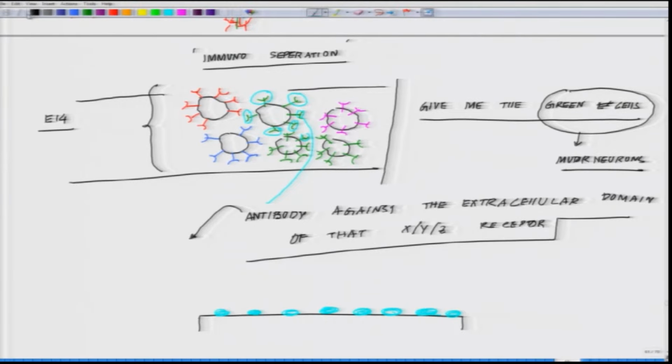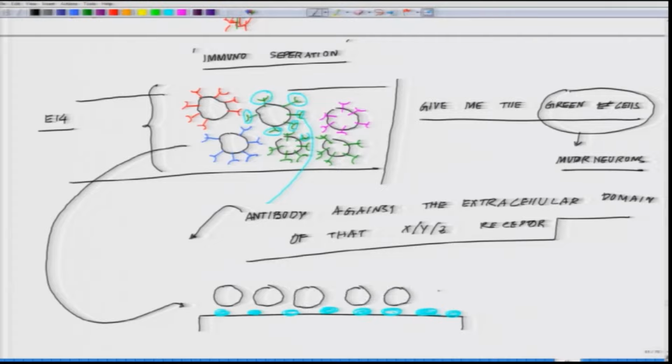Now, what you do, you take this mixture of cells and you roll the mixture of cells on top of it. So, what will happen? The cells, if they have the receptors for this particular thing, will go and bind.